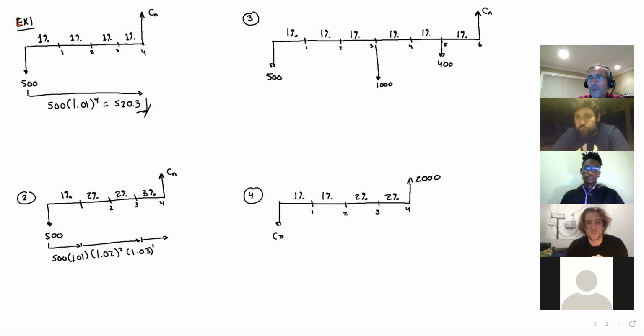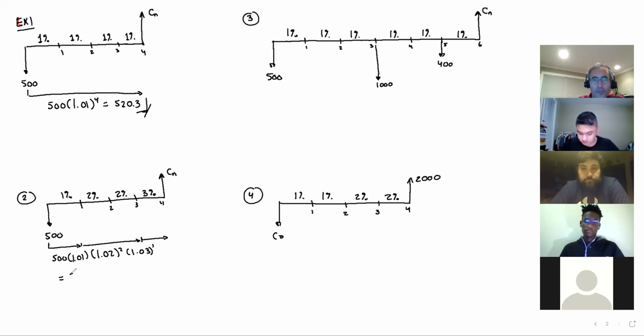Make sense to everyone? And so this is equal to what? Someone? 541.01. So guys, let's always use 2 decimals, okay? Someone to confirm? Confirmed. Perfect. Thank you.